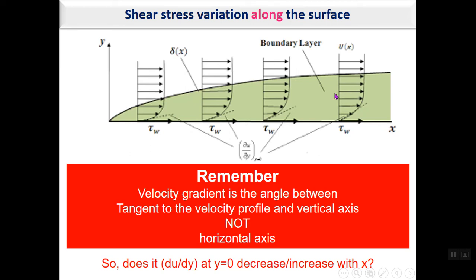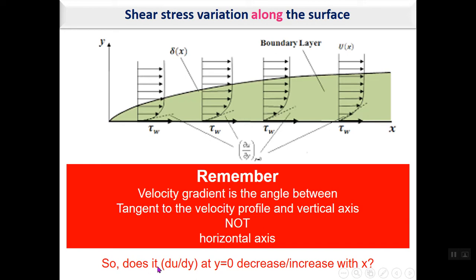What happens is that the velocity profile is more stretched, because the two endpoints are fixed. When the velocity profile is stretched, it means that the angle of the tangent to the horizontal will be increased. And again, remember, velocity gradient is the angle between the tangent to the velocity profile and the vertical axis, not the horizontal axis.